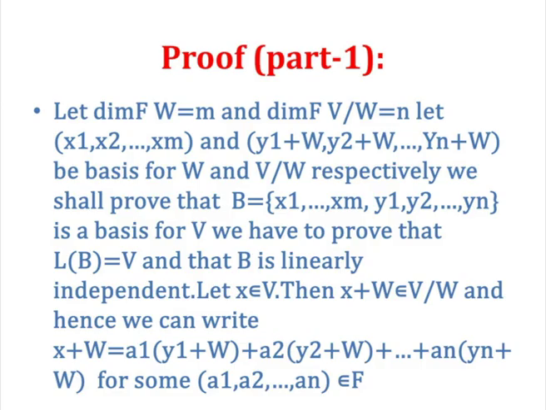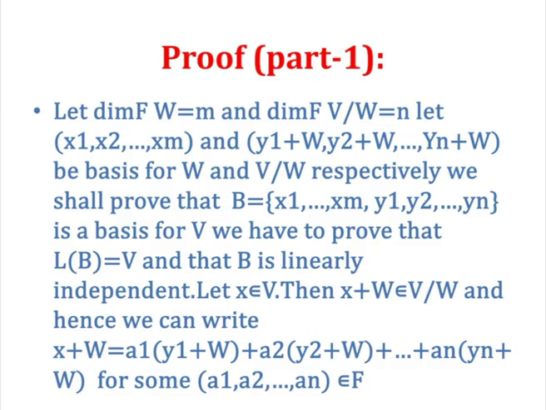We shall prove that B equal to x1, x2, etcetera xm, next y1, y2, etcetera yn is a basis for V. We have to prove that L of B equal to V and that B is linearly independent.